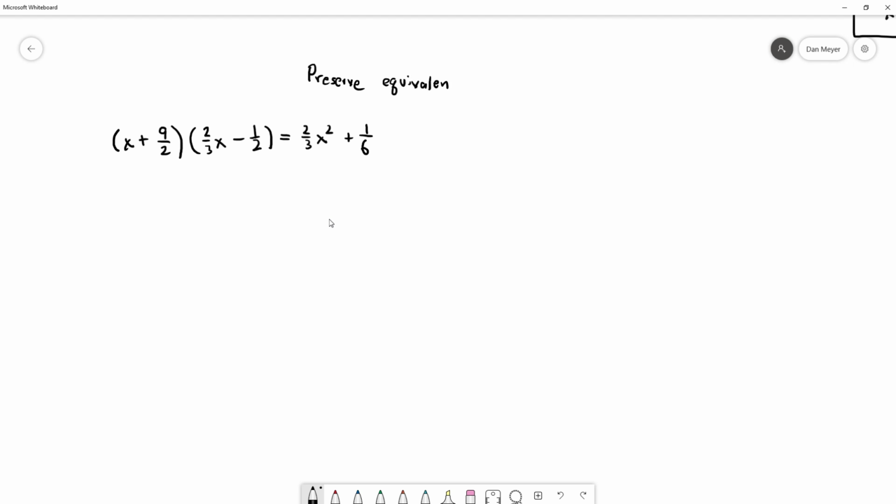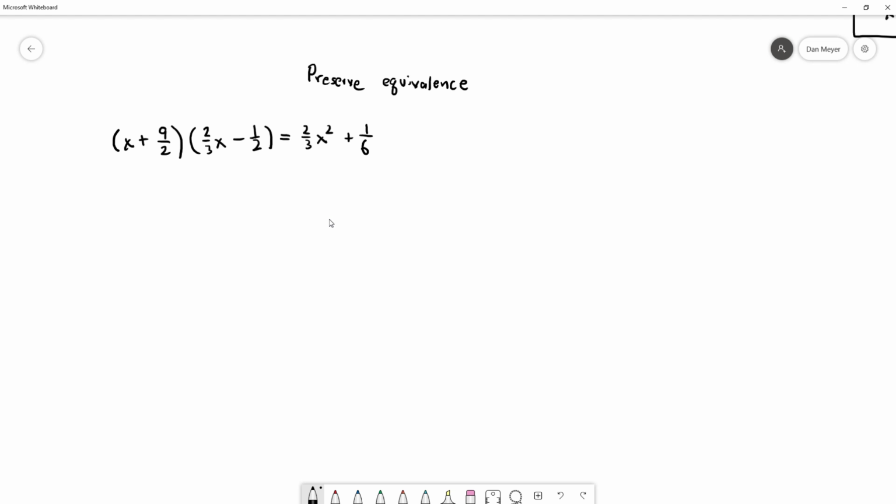And then hopefully we can whittle this down to something where we can just easily identify the solution or solutions. Now, I don't like these fractions, and I'm guessing you guys probably don't either. The nice thing about fractions is if you have an equation, you don't ever have to mess with fractions. You can always get rid of all of the fractions.